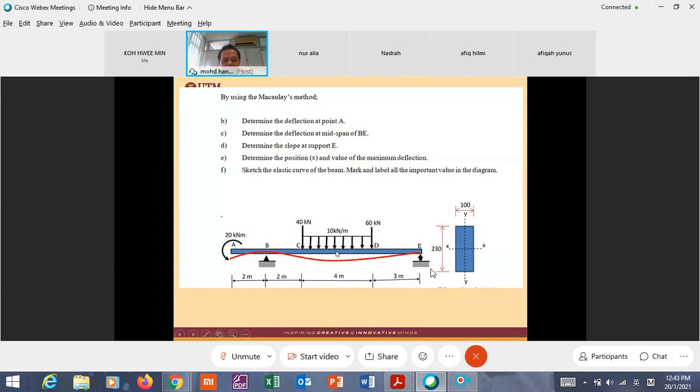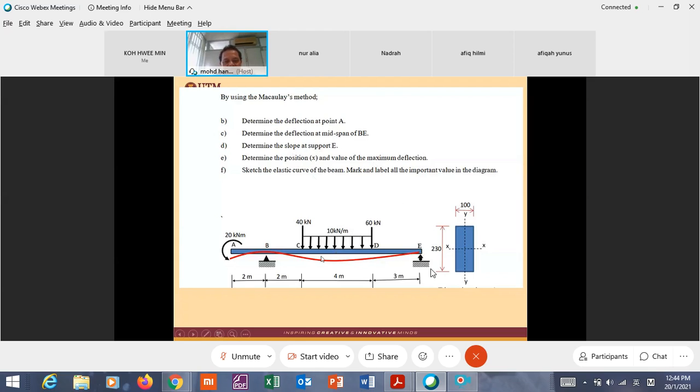Now determine the slope at support E. Also easy: you just substitute x equal to 11 meters, and then you have the slope at point E. Or if you start your moment equation from E.